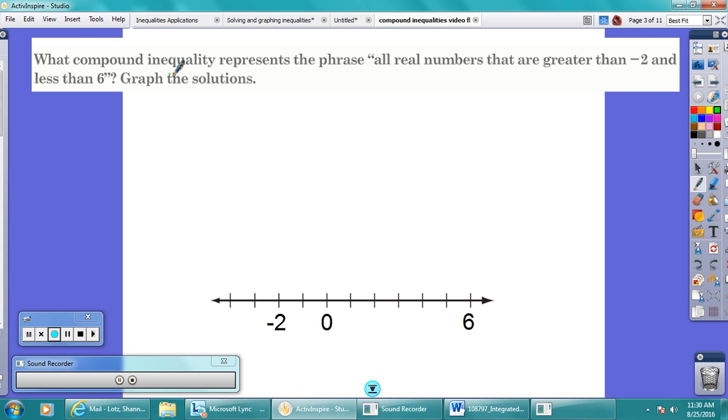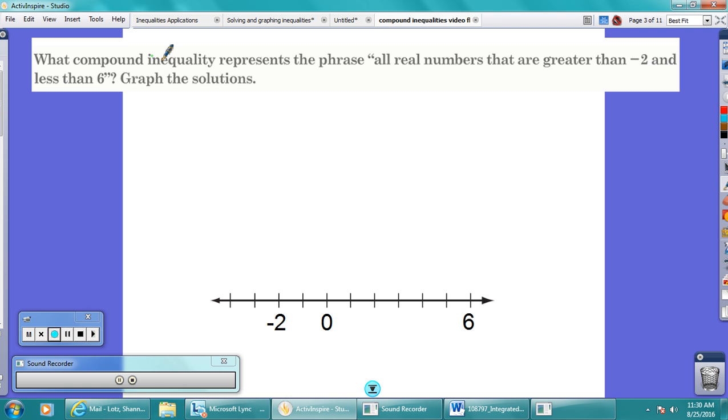So, let's look at this one. What compound inequality represents the phrase all real numbers that are greater than -2 and less than 6? And then we're going to graph the solution. Well, first of all, we need to write our inequality. All real numbers, and if you remember from the first video, all real numbers we can use as x, right?